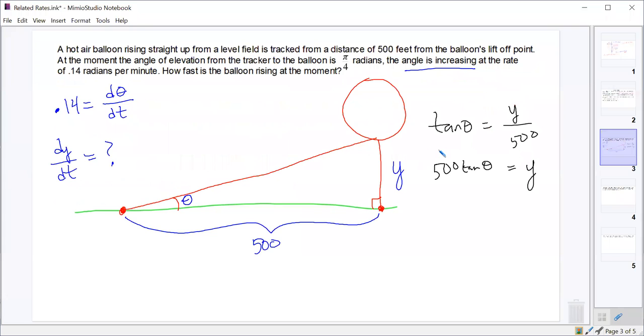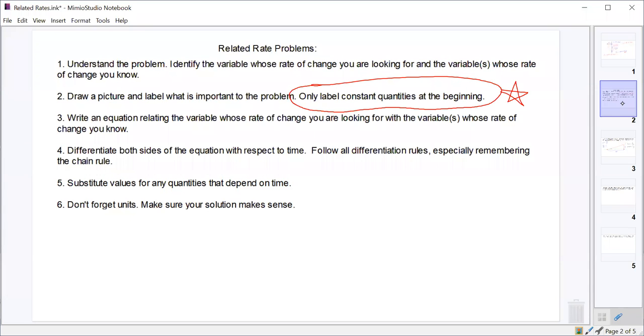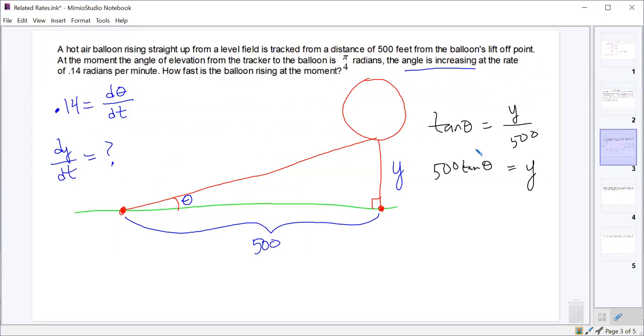Next step, differentiate both sides of the equation with respect to t, right? Since we're differentiating something that has a theta with respect to t and a y with respect to t, each time we take those derivatives, we have to attach a d theta dt or a dy dt term to them.